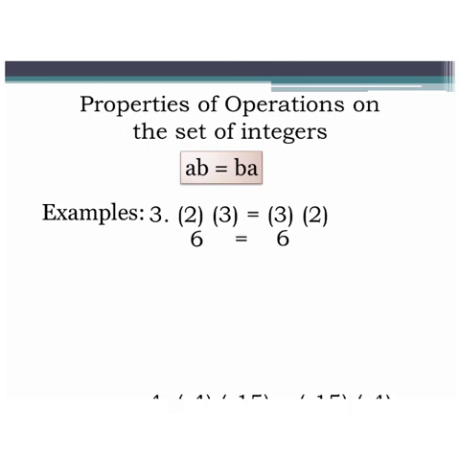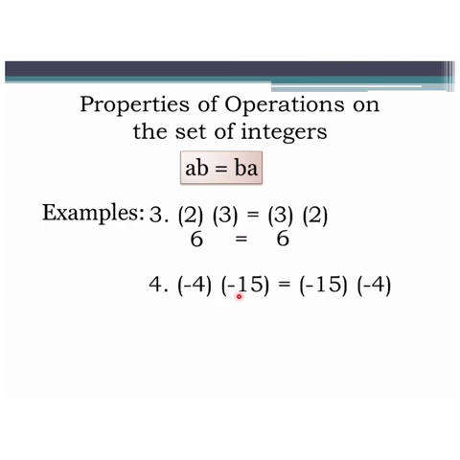Okay? So, next example, we have negative 4 times negative 15. So, yung A natin dito is negative 4. Yung B natin is negative 15. Tingnan natin if we change the position of the two numbers, kung equal ba yung result. Negative 4 times negative 15. Applying the multiplication rule of integers, rule number 1, multiplying the same sign, the product is positive.